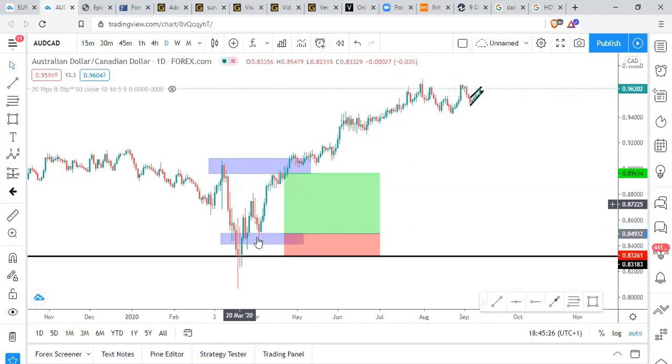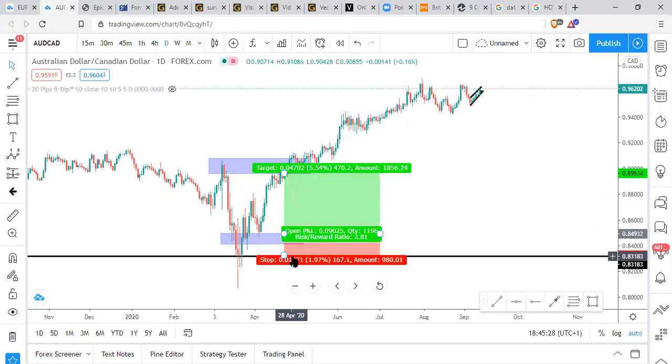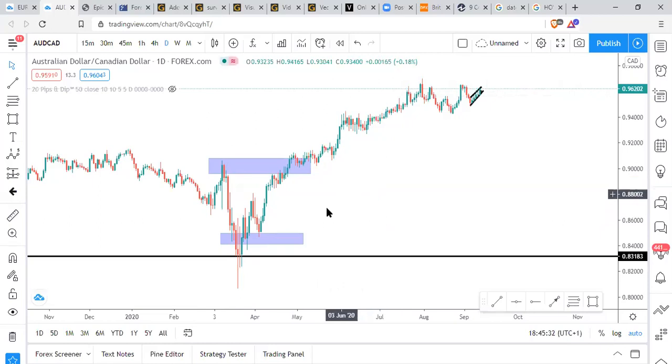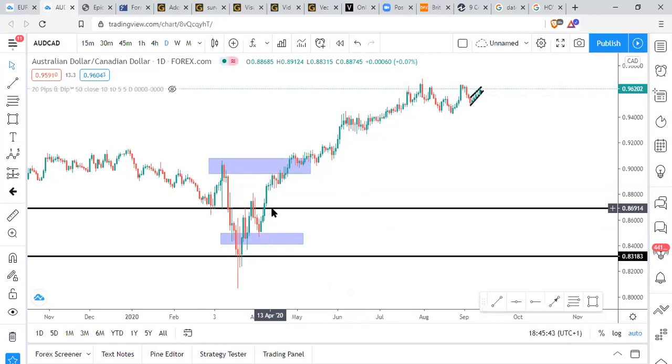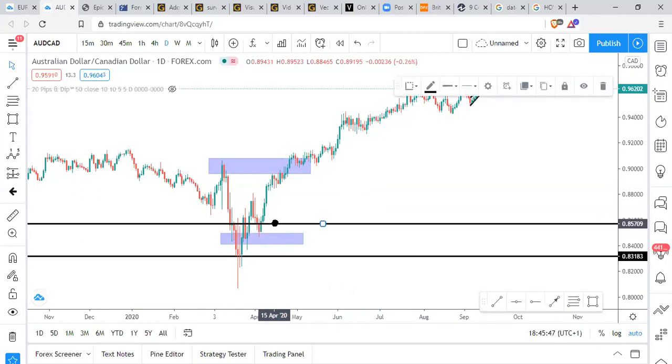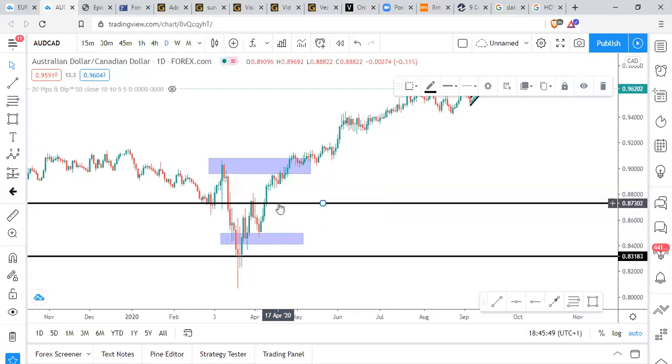To protect your profit, you now shift your stop loss to somewhere here. If your stop loss was here, once the trade has moved from here up to this point, what will you do?